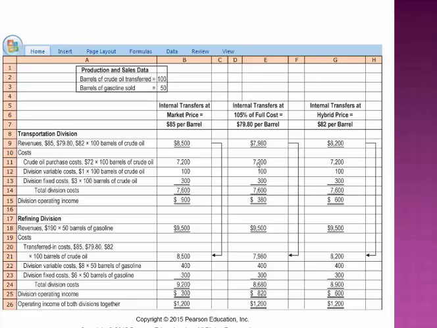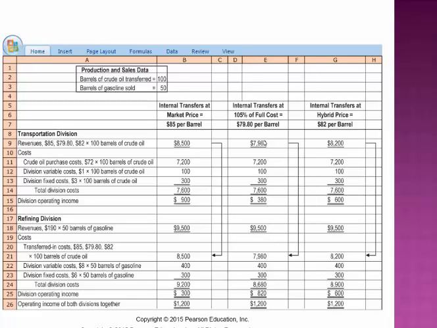So nothing has changed here as well. The only thing that's different is the revenues that they get to reflect based on the transfer price. If we set it at 105%, the division operating income for transportation has $380 in division operating income.